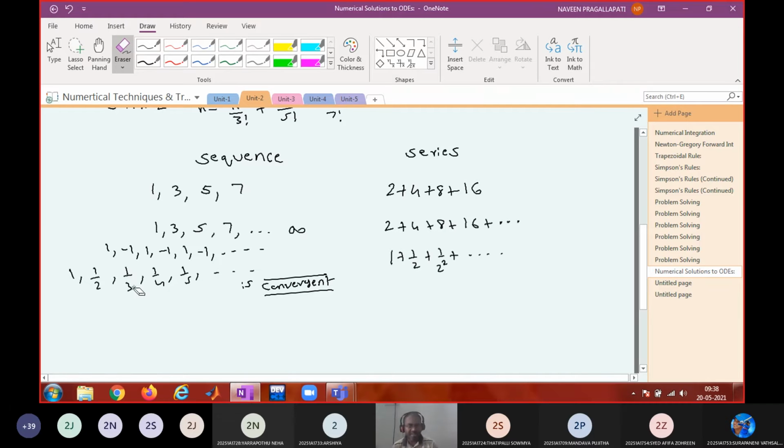So if a sequence is given, how do we know whether it is convergent or divergent? There are some mathematical methods, and using those methods you will determine whether the sequence is convergent or divergent. These sequences are denoted like this: S1, S2, S3, S4. Order is very important. If you change the order, that is a different sequence.